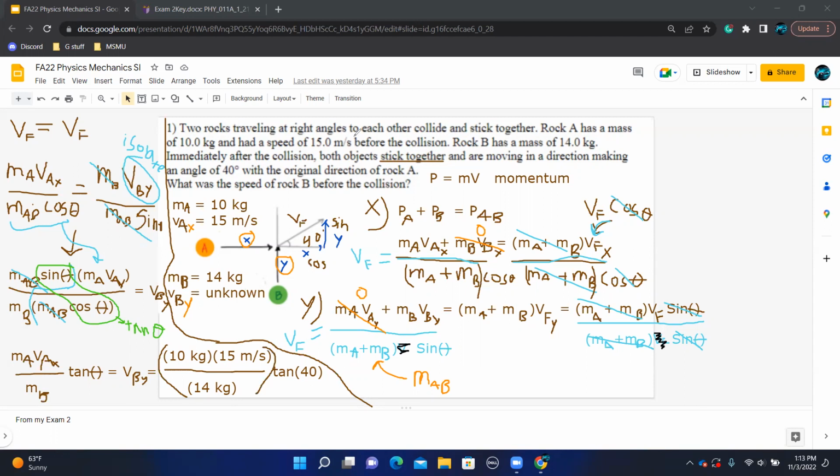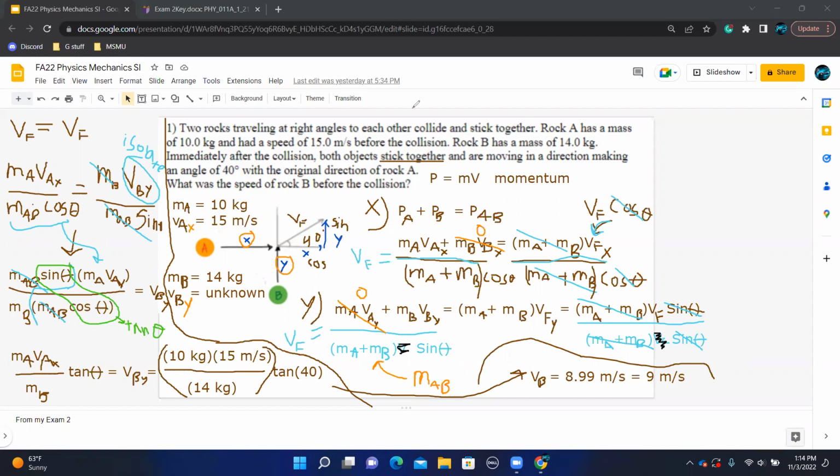So then that gives you, I don't have room here, so I'm just going to put it over here. That should give you VB is equal to 8.99 meters per second, which is about 9 meters per second. Because this VBY is just the same as VB. And that's your answer.